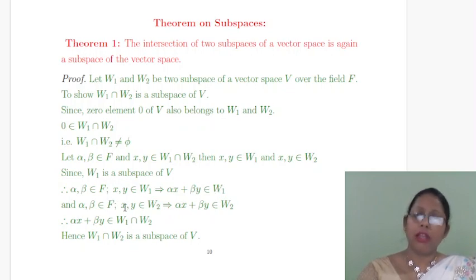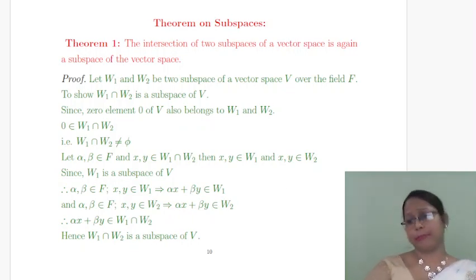Similarly, alpha, beta belonging to F and x, y belonging to W2 implies alpha x plus beta y belongs to W2. This is from the necessary and sufficient condition for a non-empty subset to be a subspace theorem. I am getting this result: alpha x plus beta y belongs to both W1 and W2. So alpha x plus beta y belongs to W1 intersection W2. That means W1 intersection W2 is a subspace.